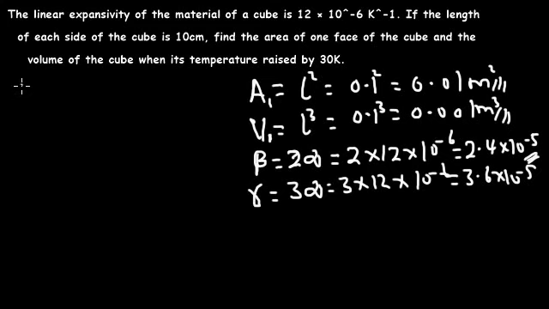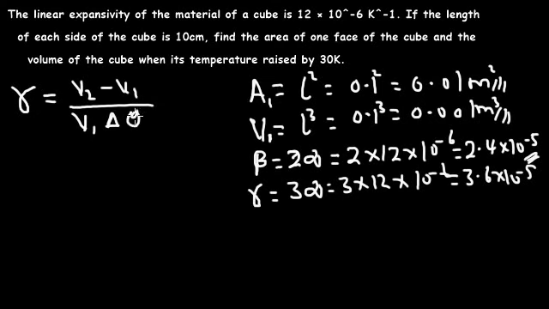Perfect. So now we were able to define the gamma, or the cubic expansivity, as gamma equals the change in volume, V2 minus V1, all divided by V1, and then also multiplied by the change in temperature.